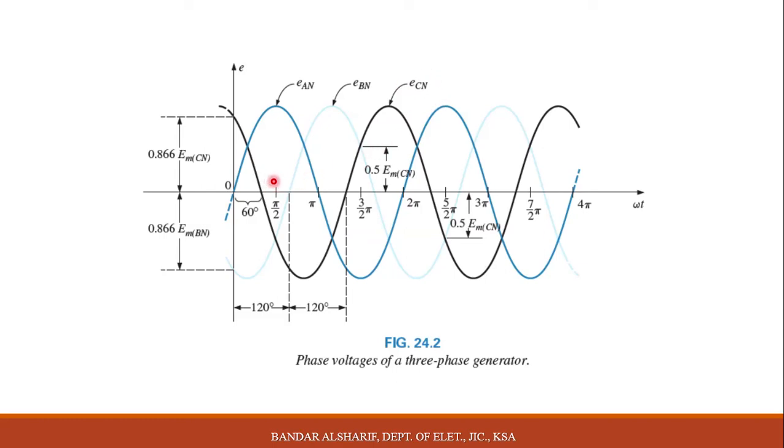As we know before the midterm, when we draw the sine waveform, you will notice that between phase EAN and EBN there is a shift of 120 degrees, and it's similar between EBN and ECN. Between each phase and phase there is a shift of 120 degrees.